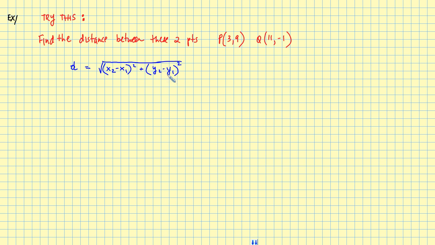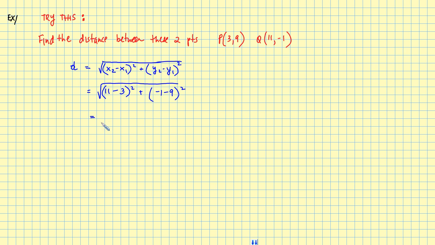We're going to say that the change in the x's is 11 minus 3, and that all goes squared, plus our change in the y's, which is negative 1 minus 9, all squared.